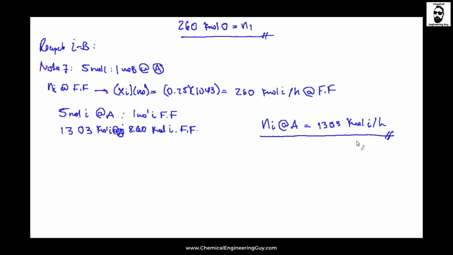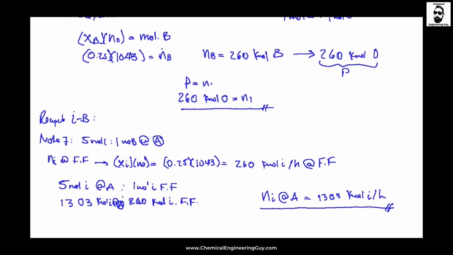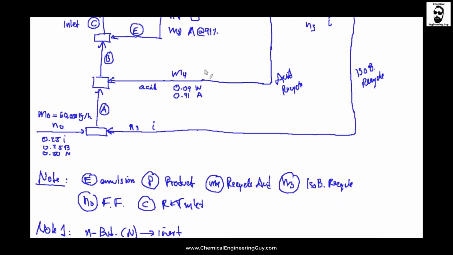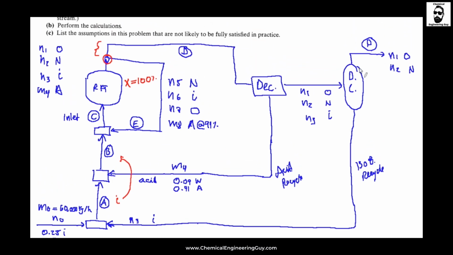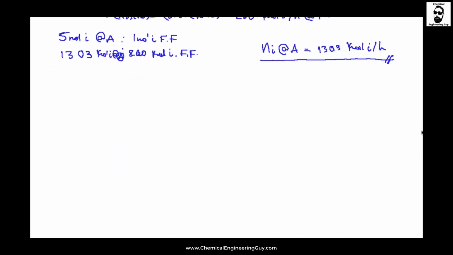Now, what else can we use? Let me use logic. So we got this amount of isobutane. Since we're not going to add extra isobutane, the same amount will be here. So at least A and B is the same. Let me write that under so I can have it also as a reference.